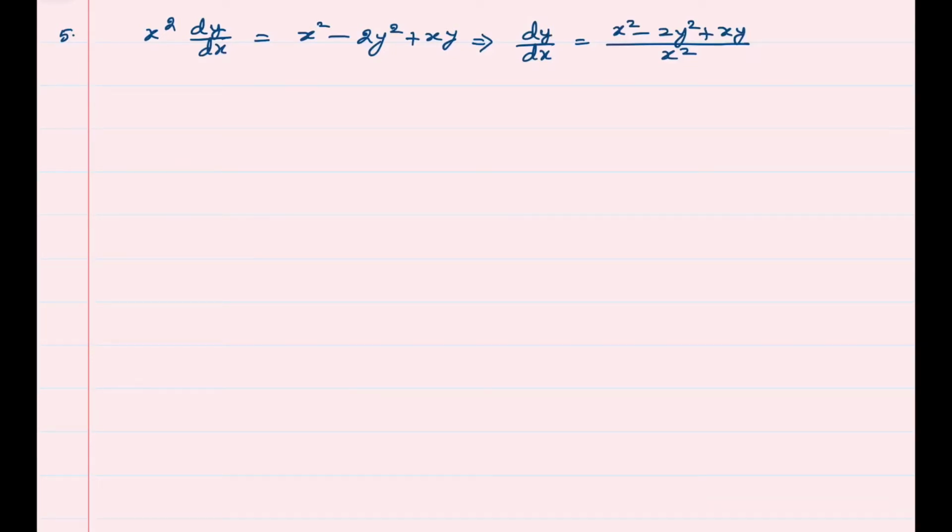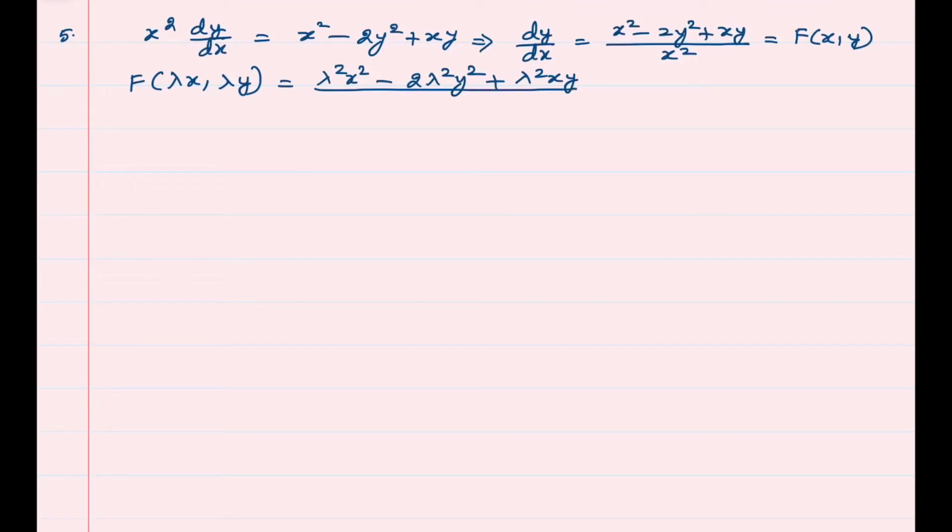We will take this function as f of xy. Let us find f of lambda x, lambda y. Lambda square x square minus 2 lambda square y square plus lambda square xy divided by lambda square x square. Lambda square is common.